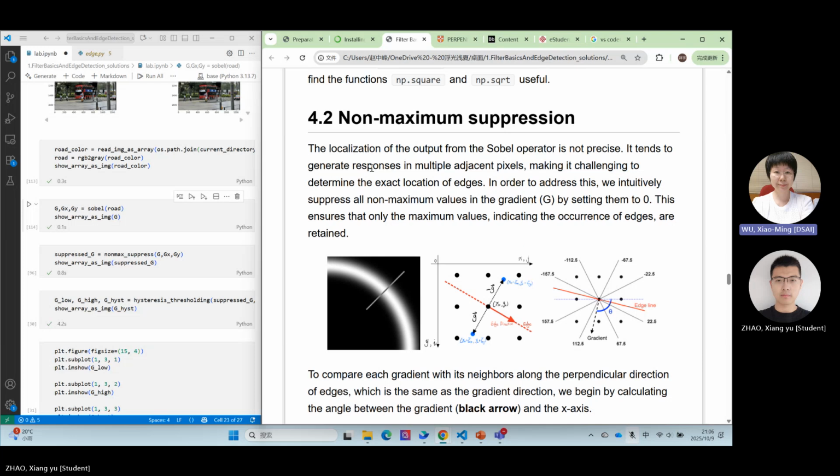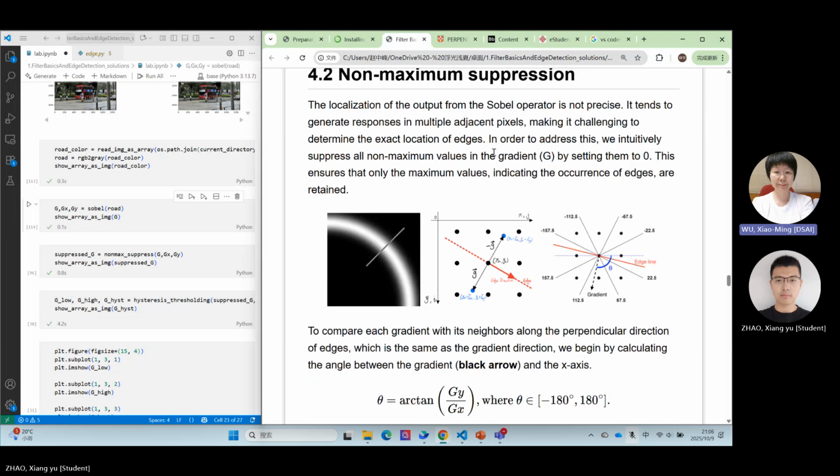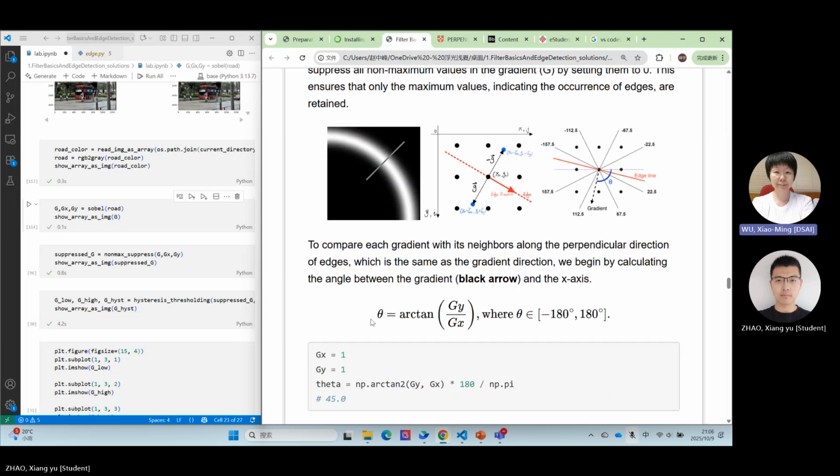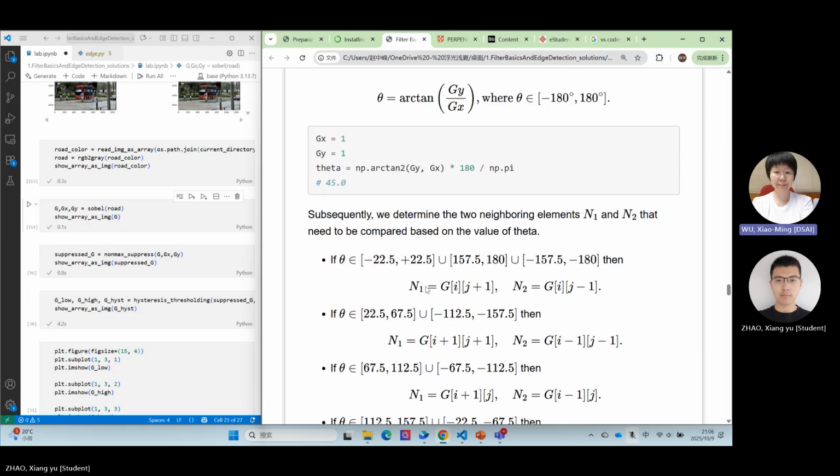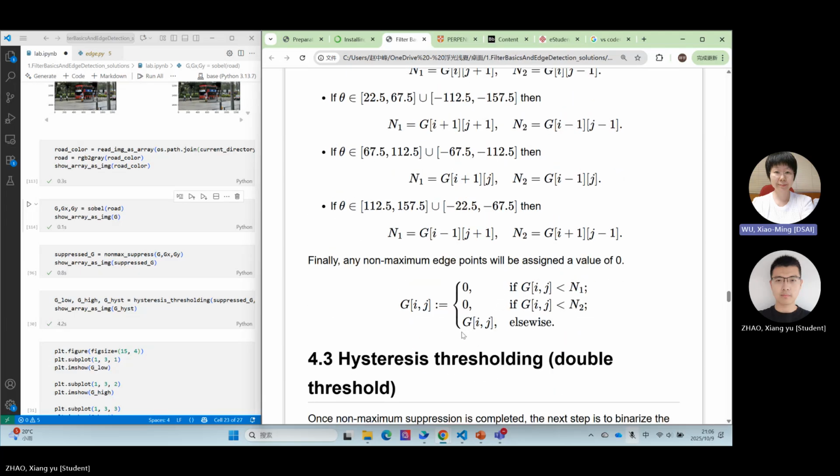The key step of the non-maximum suppression is how to get theta. We use this formula to get theta, and then we use the following formula to determine which N1 and N2 we need to use, and set all points less than N1 or N2 to be 0.